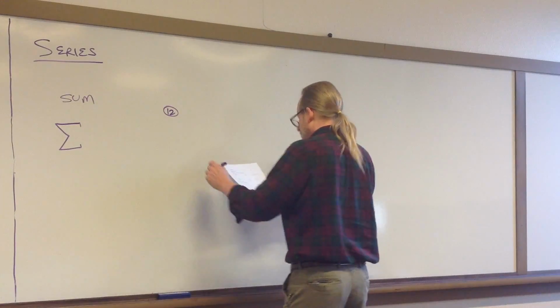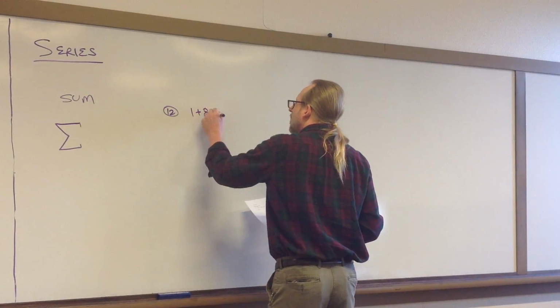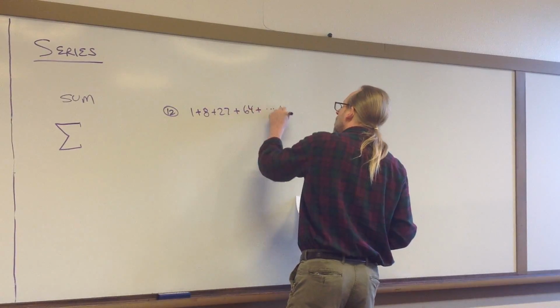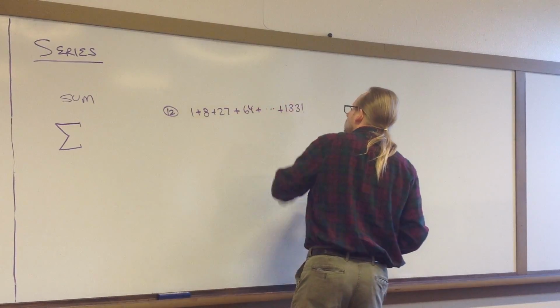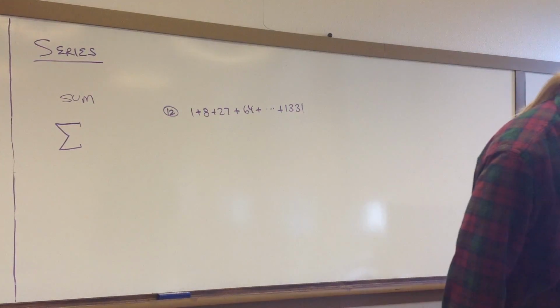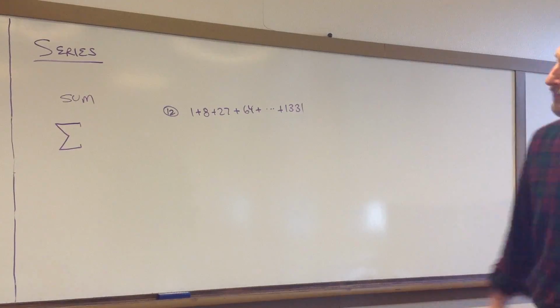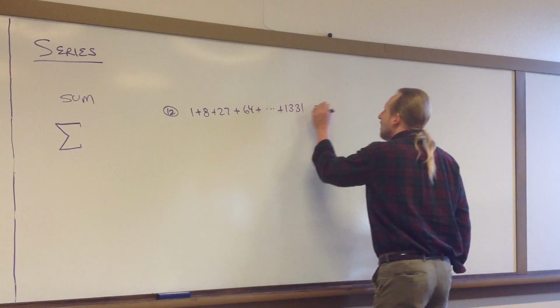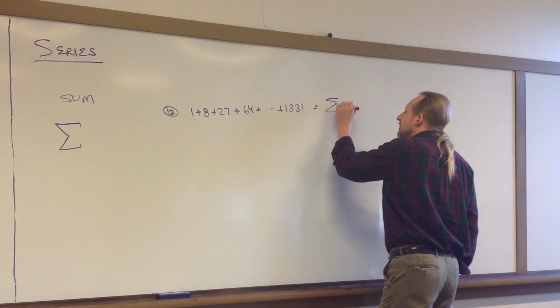Problem 12, 1, 8, 27, 64, and then we end at 1331. So this one is a little bit tricky to recognize what's happening here. But since I made the problem, I know what's happening here.